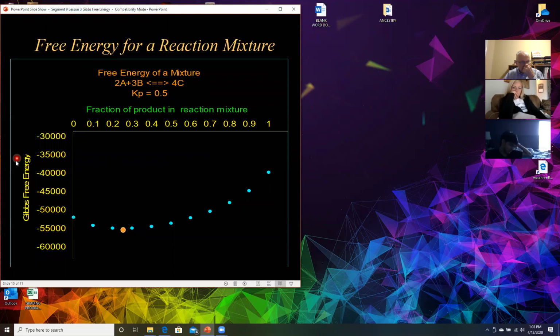So here's the free energy as you change from all of it being in the form of A plus B over here, and over on this side, 100% reaction, it's all C. So this is the way the free energy would change as you change from all A and B to all C. This is a curve you would get if you did that.